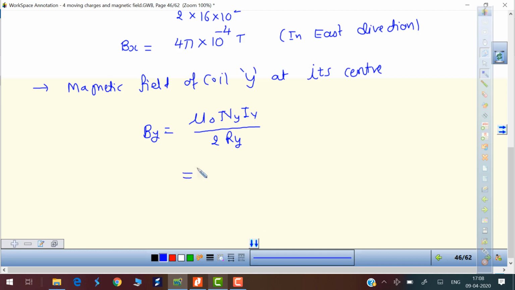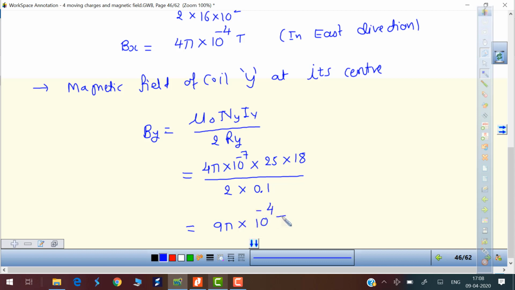Again we put all these values: 4 pi into 10 raised to minus 7 into N_Y, which is 25, I_Y is 18, divided by 2 into r_Y. So r_Y is 10 centimeters, it is 0.1. So you will get 9 pi into 10 raised to minus 4 Tesla.